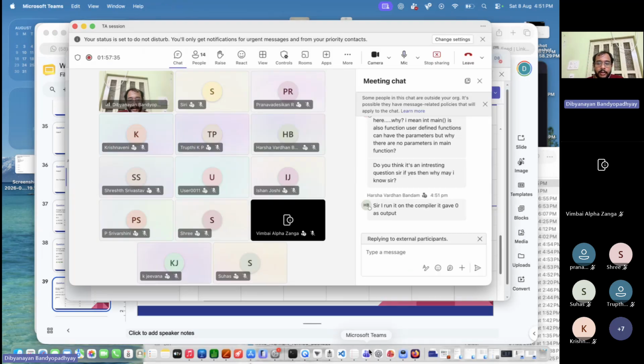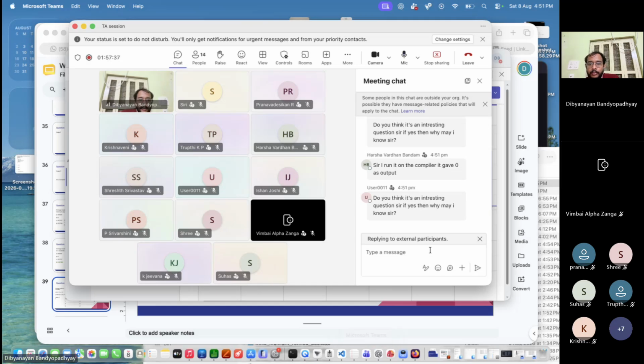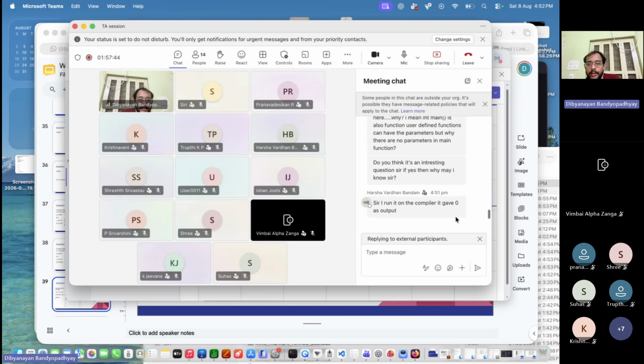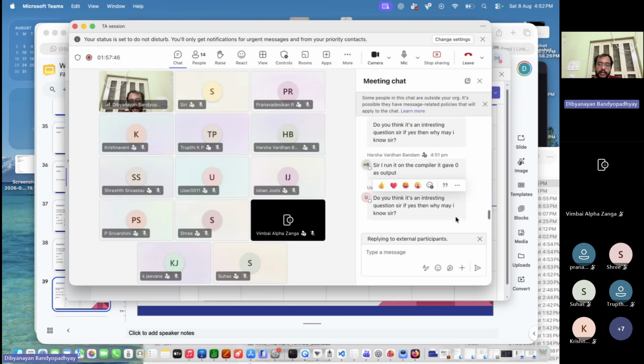Yeah, this is from my side actually. It was an interesting question. Yeah, I answered, right? Int main, you are saying. I think you can specify some parameter to the main function, but you don't compile. So yeah. Any other question?